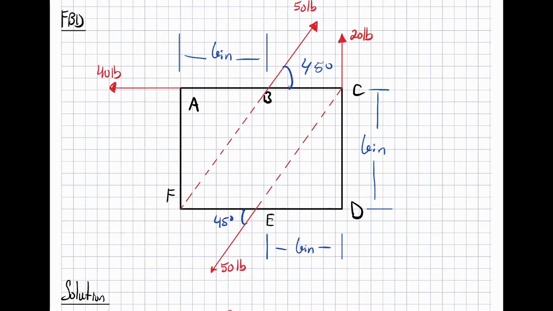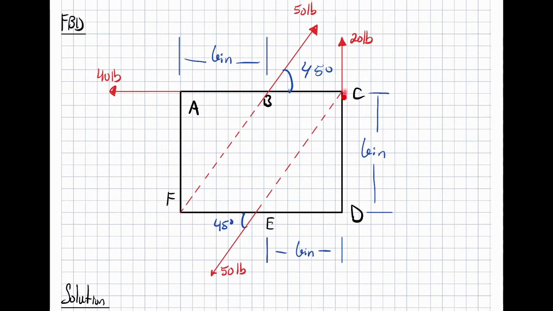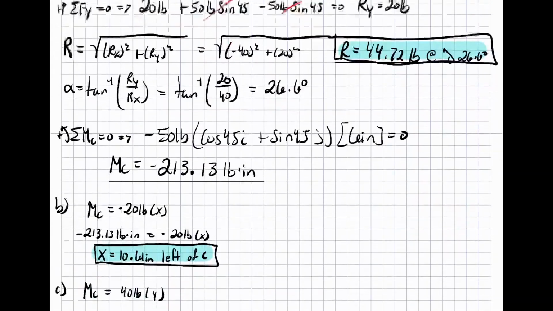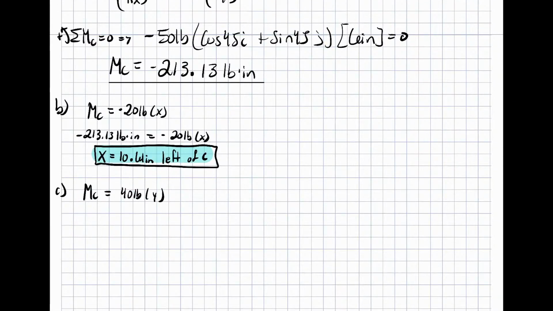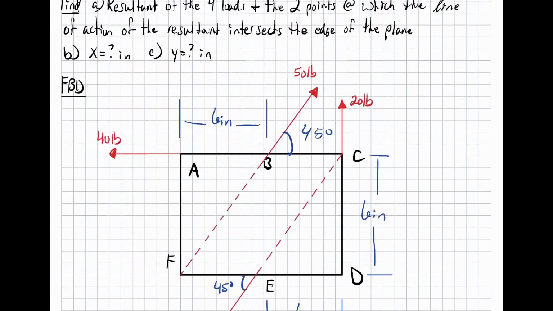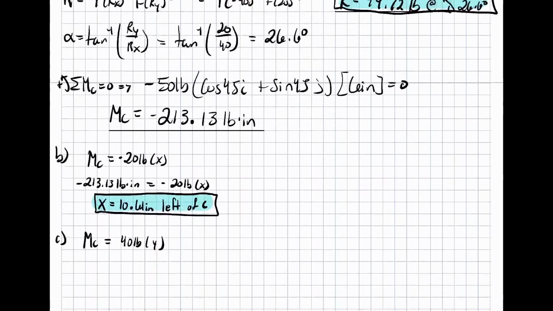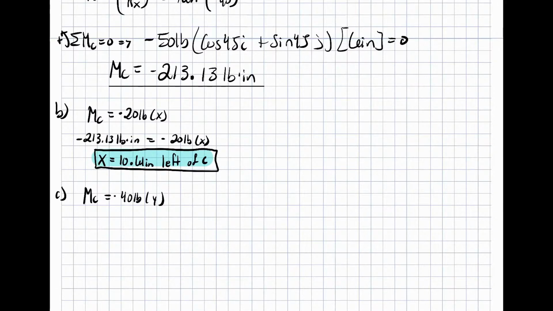If you look, the perpendicular distance for the y direction is 6 inches, and the perpendicular force is going to be the 40 pounds, taking a moment about C. The y direction at C can only go down, so it's going to be a negative value. So I'm going to put that out in front.